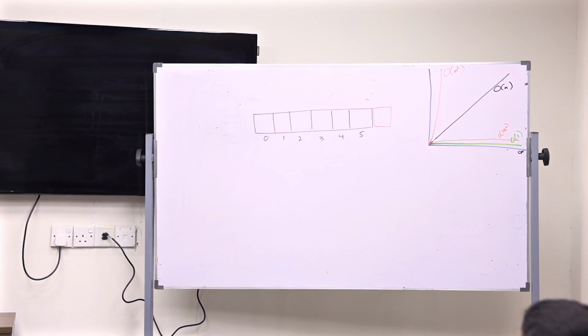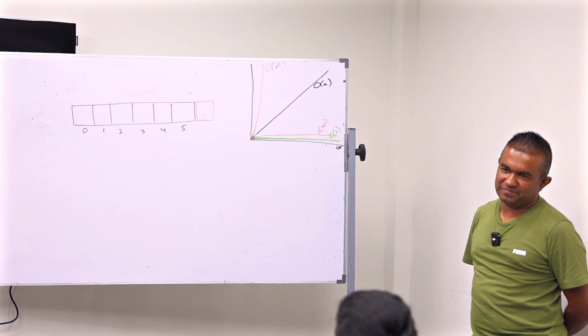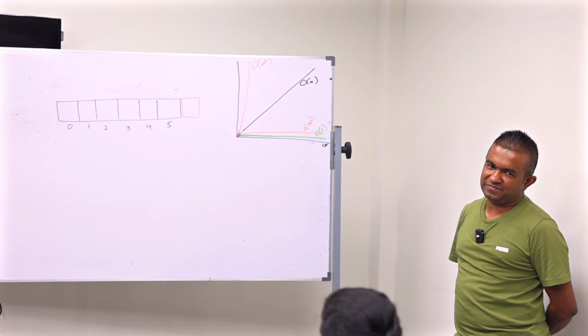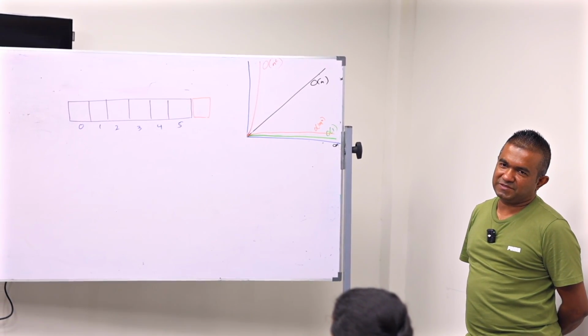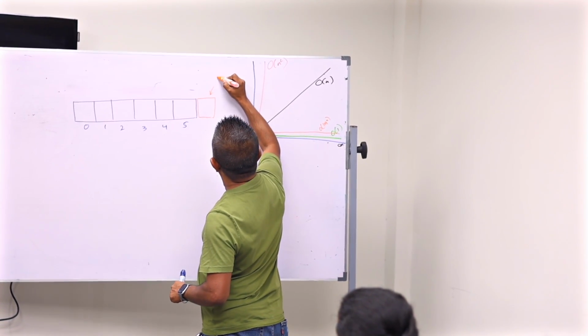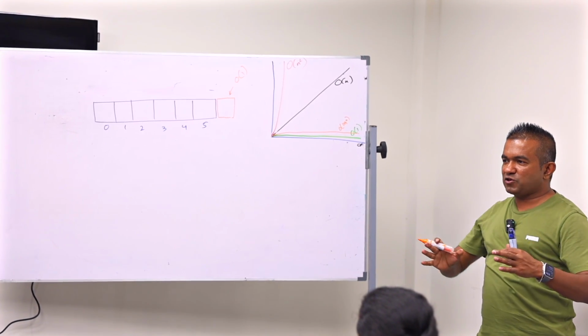No. So what is the complexity? Shankar says O(1). Very good. Why? Because you are just adding, you are not shuffling the array.